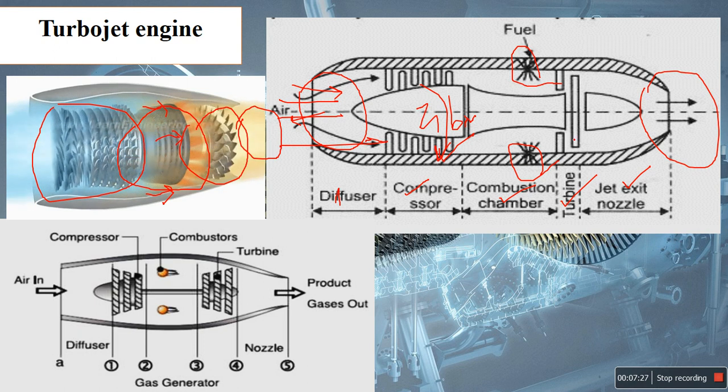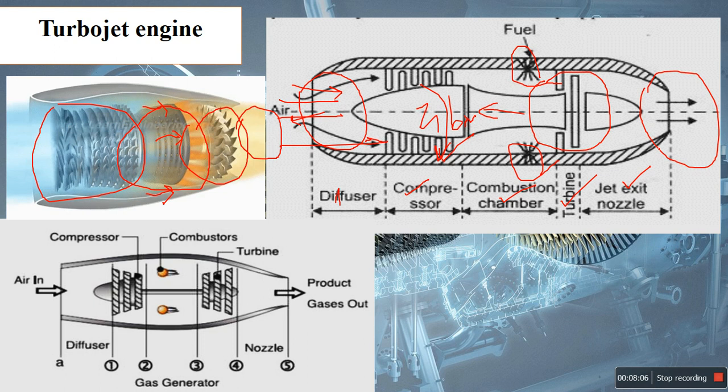Again, to repeat, only 10 to 20% of the power is utilized here to just run the compressor, and the remaining power, around 80%, that is the remaining 80 to 90% of the expansion of hot gases, takes place in the exit jet nozzle to produce a very high velocity jet of exhaust gas from the rear side of the engine to develop maximum thrust to propel the engine in the forward direction with very high velocity.